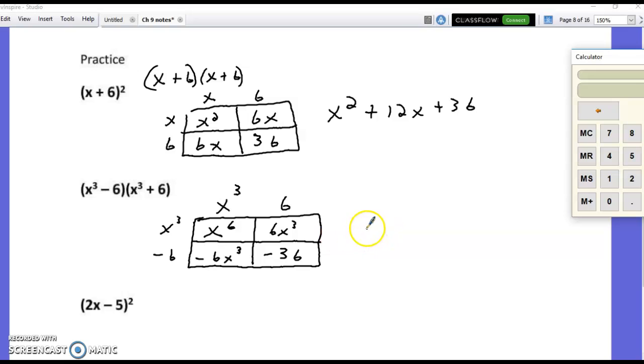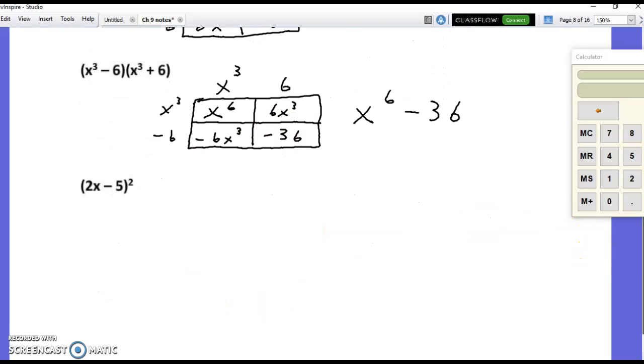So when I write this out, this is going to be x to the 6 minus 36. So normally you have 3 terms. That middle term goes away. We'll talk more about things like this when we actually factor, when we take problems like this and we make them look like this. But for right now, just note that that cancels out.